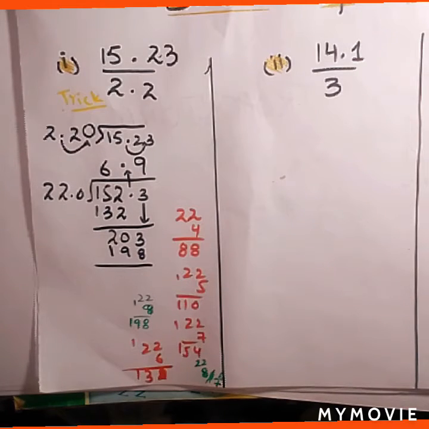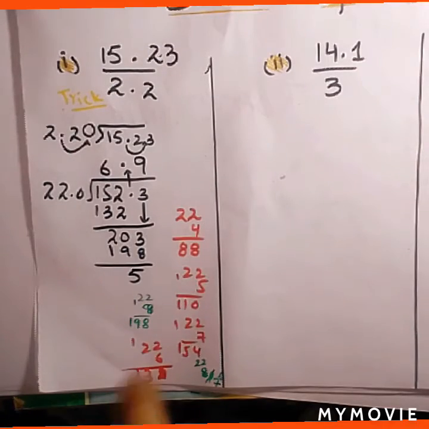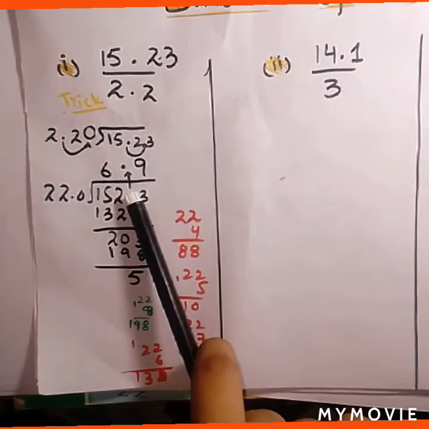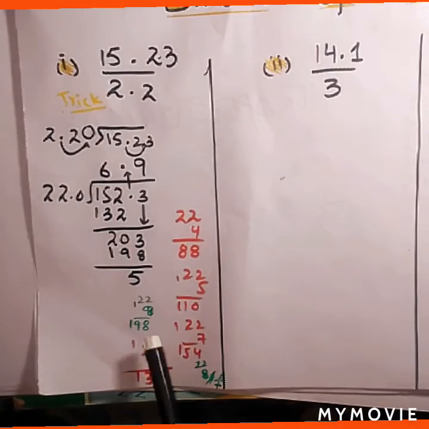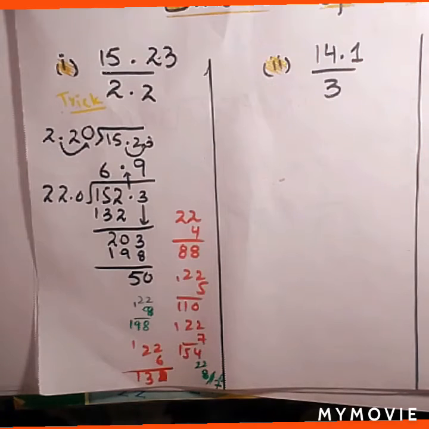When we subtract 198 from 203, we get 5. We know that in 6.9 we have a decimal, that's why we can write 0 in front of it. Otherwise we have to put the point when we are explaining the normal values. Now 50 into 4.